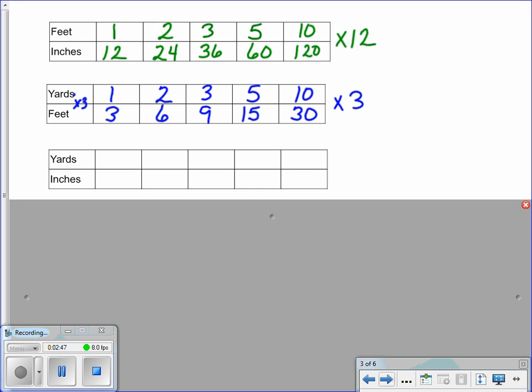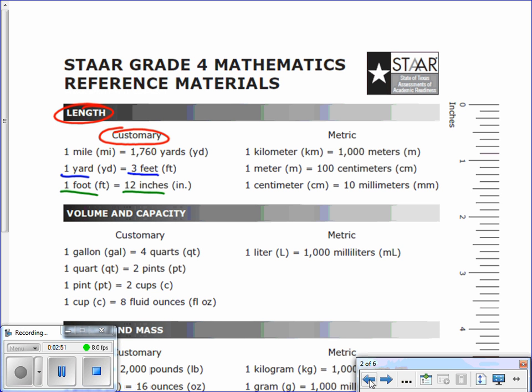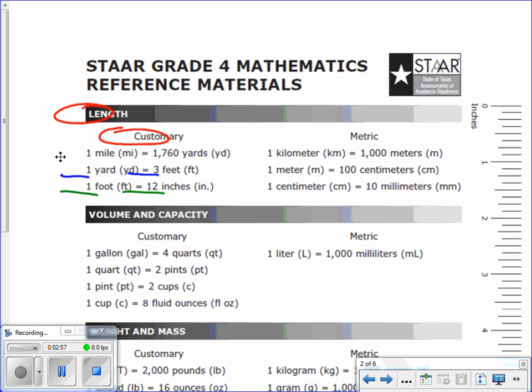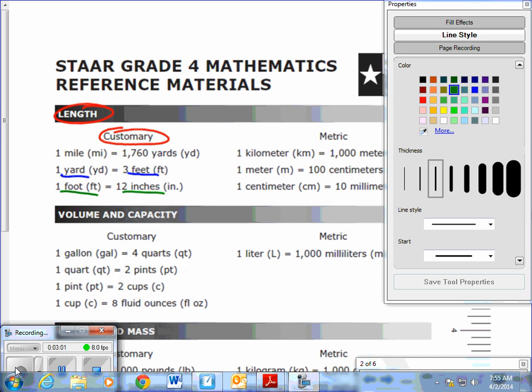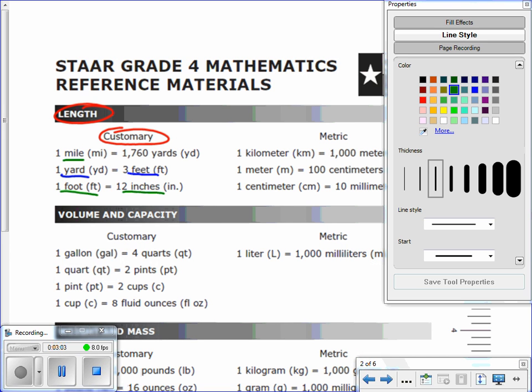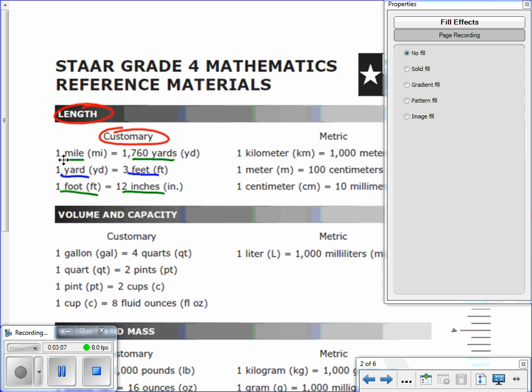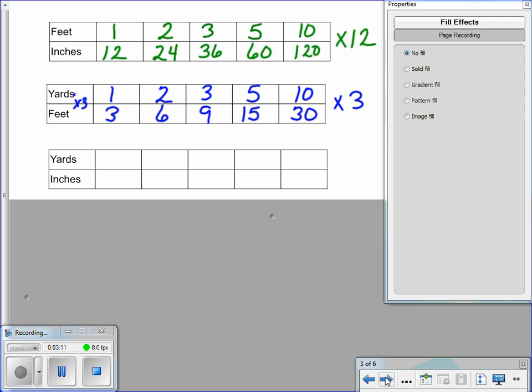Another conversion we can do is yards to inches. When we look at our math chart, the next unit that we see is miles to yards. That's not what we're looking for. We're looking for yards to inches.